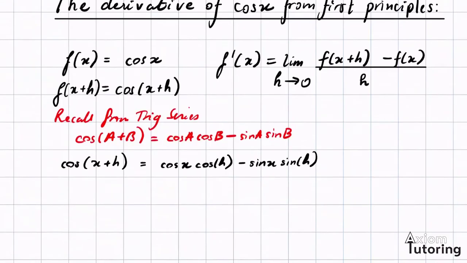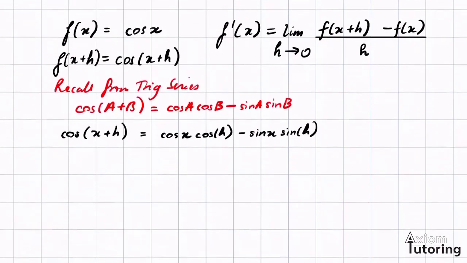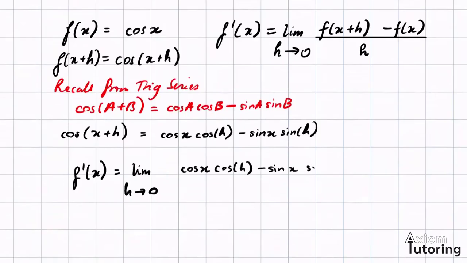So now our cos x plus h is our f of x plus h. So let's use this expression for our derivative. So f dash x, our derivative, equal to the limit as h tends to 0 of f of x plus h, which is our cos x cos h minus sine x sine h expression that we found here using our compound angle formula.